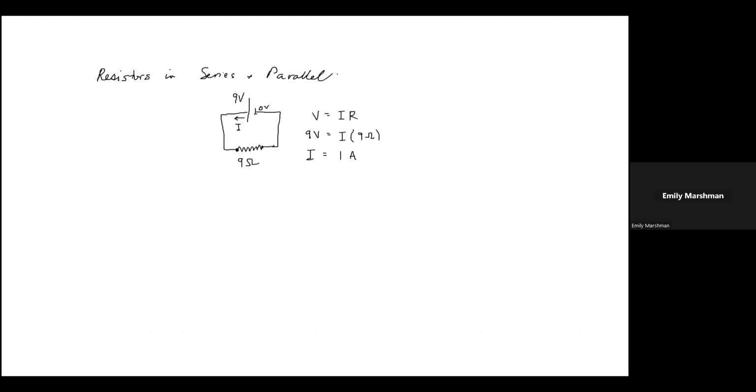The only voltage drop is across the resistor. And so if I plugged a 9 ohm resistor into the circuit, connected to a 9-volt battery, I would get 1 amp of current. Now this would change if I changed the ohms here, the resistance.